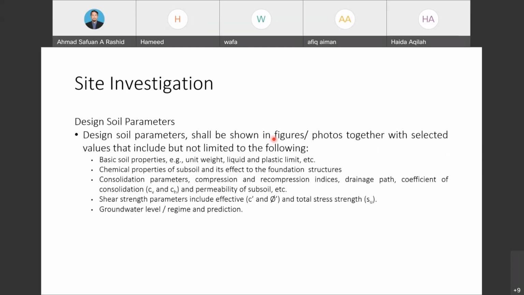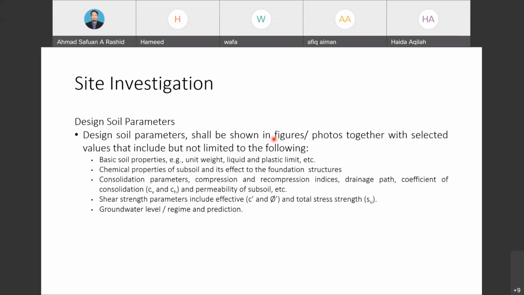Okay. So for the site investigation, design soil parameter, okay, design soil parameter should be shown in figure or photo together with selected value that include but not limited to the following. Okay. So this is the compulsory things that need to be obtained from the SI, okay, for the design purpose.